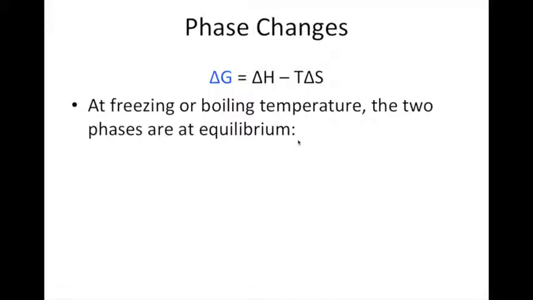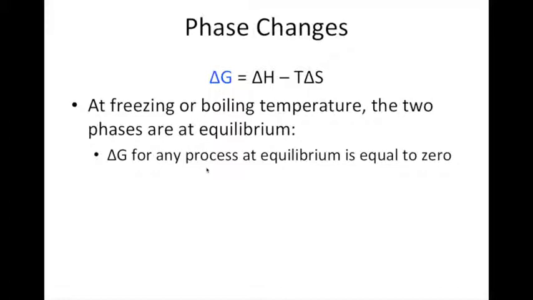And one last thing, let's talk just briefly about the temperature. Remember our Gibbs free energy: at the freezing or boiling temperature, the phases are in equilibrium. So if we look at our Gibbs free energy, for a process that is at equilibrium, such as a phase change process, our delta G value, as we mentioned before, is always 0. So we can rewrite our Gibbs free energy equation and replace our delta G value with 0.